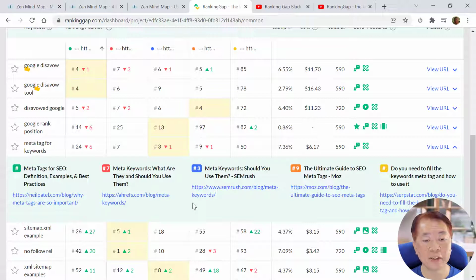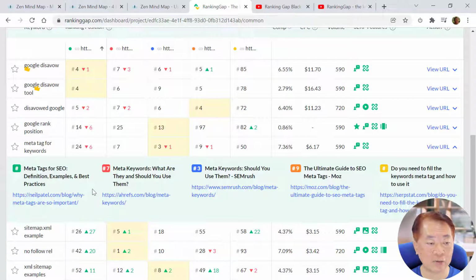And you have to study your competitor as well, if possible. For example, right now, the competitor here is Ahrefs. It's ranking at number 7 for this keyword, meta tag for keywords. You can go to their website and see what content they are doing better than yours. Same for the others. This one is ranking number 3, SEMrush.